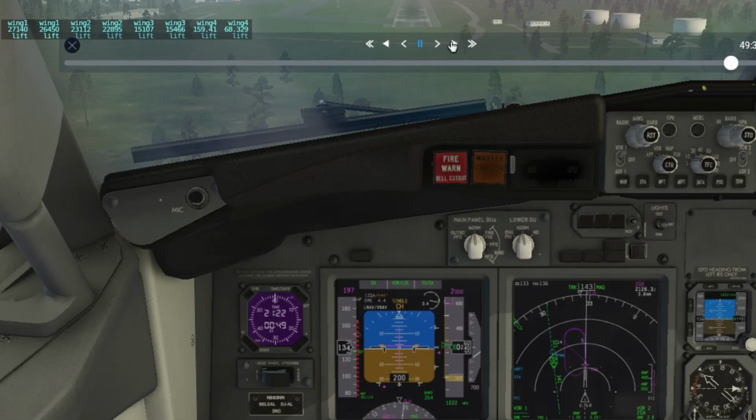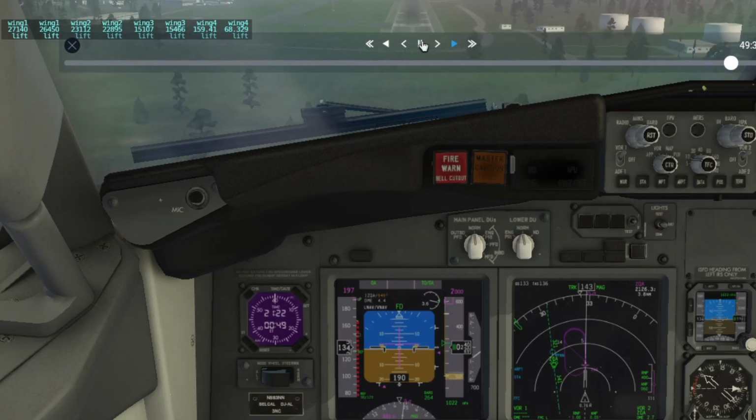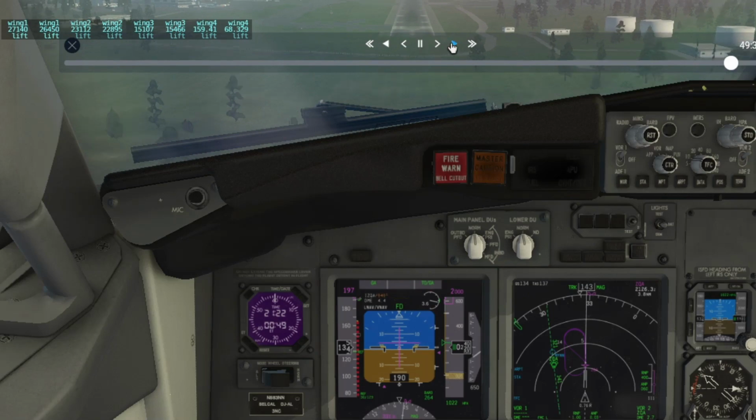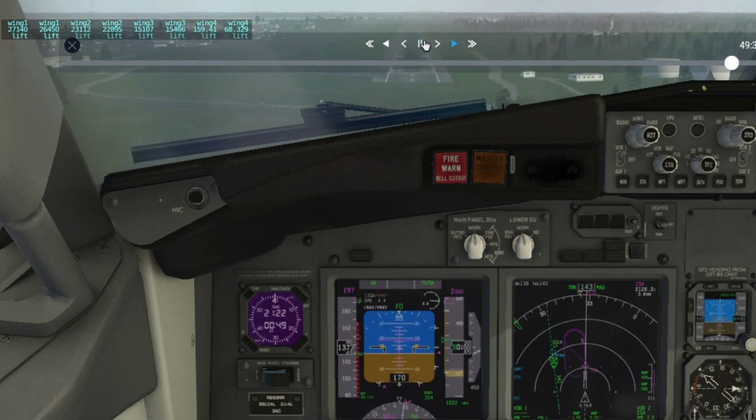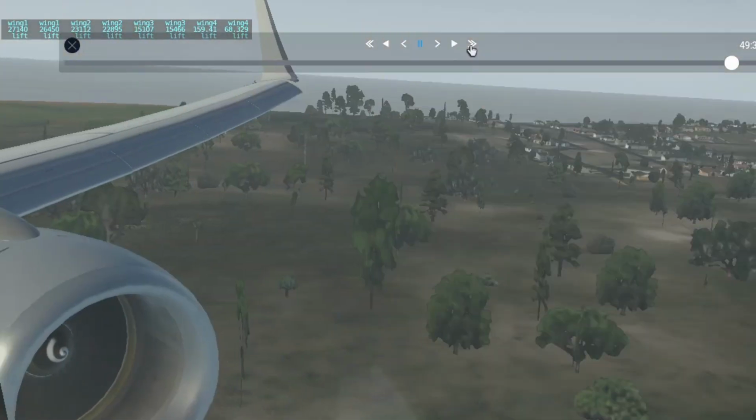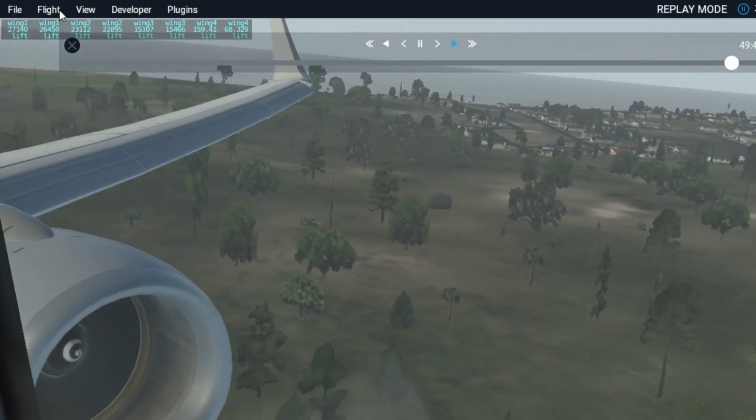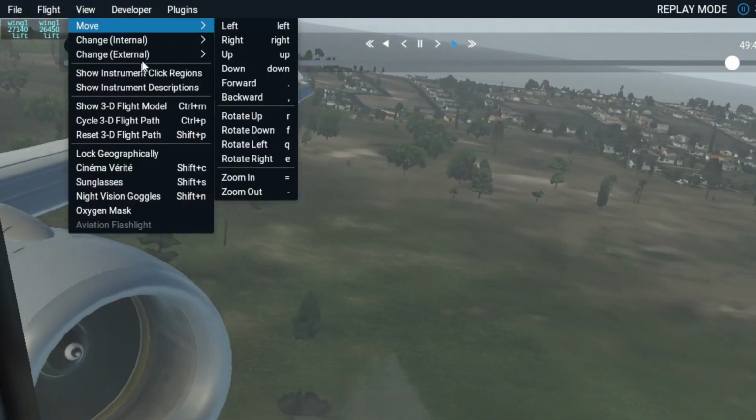And there's where I push the TOGA switch. 500. And let's see that on the runway.